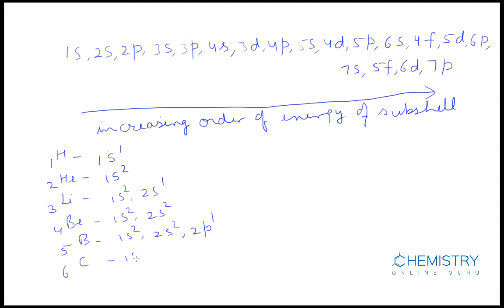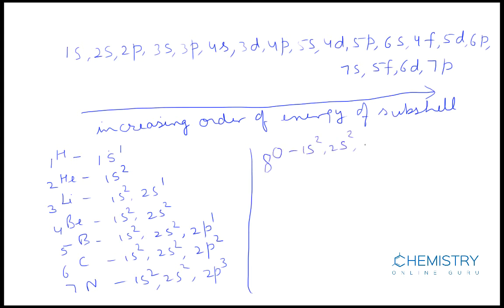6, carbon: 1s2, 2s2, 2p2. 7N, nitrogen: 1s2, 2s2, 2p3. 8, oxygen: 1s2, 2s2, 2p4. 9F, fluorine: 1s2, 2s2, 2p5. 10, neon: 2p6.